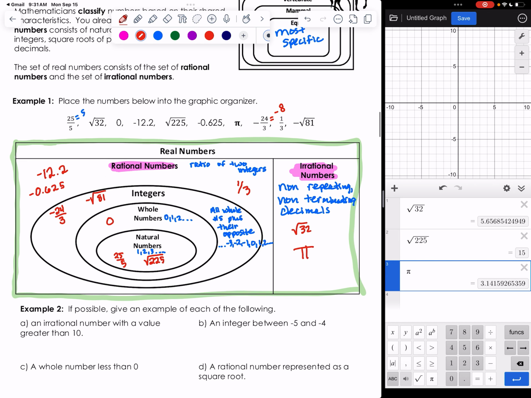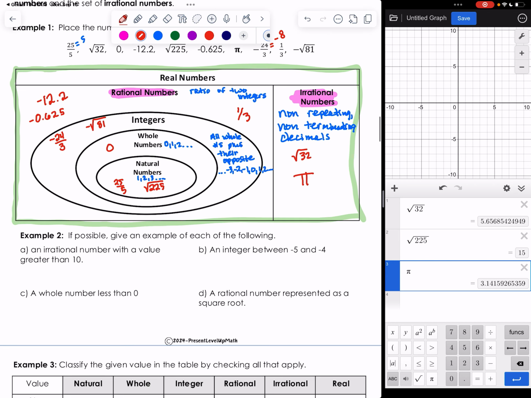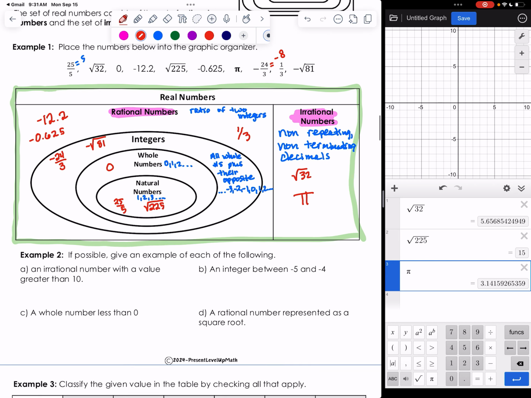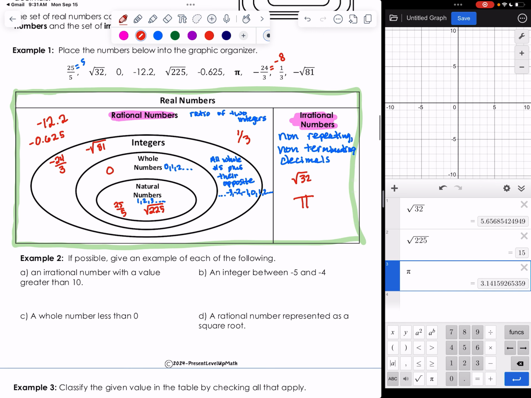All right, example 2. If possible, give an example for each of the following. All right, we want an irrational number with a value greater than 10. So an irrational number needs to be a non-repeating, non-terminating decimal. So I'm going to use a square root. And we know the square root of 100 is 10, so I need something bigger than 100.